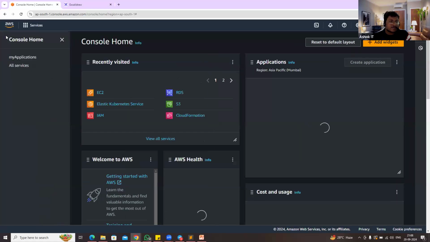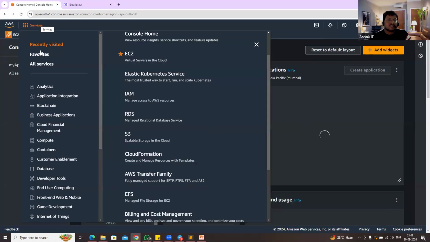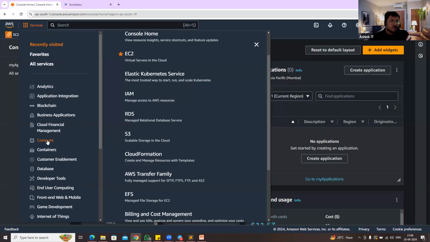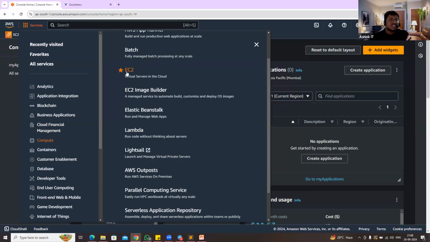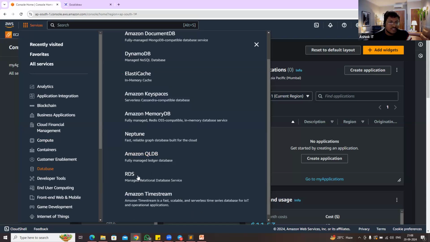AWS provides several services. Here in the compute category is EC2, virtual servers in the cloud, machines. Whatever machines you need, you can take from AWS by using EC2. I want a database for my project. So go here, RDS, Relational Database Service.